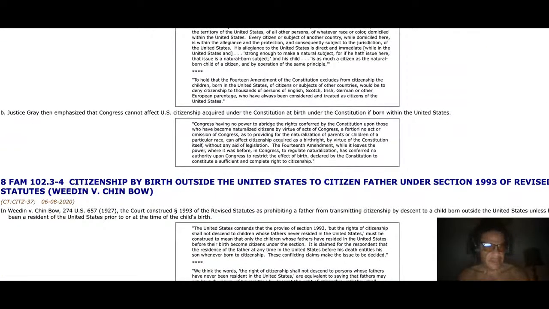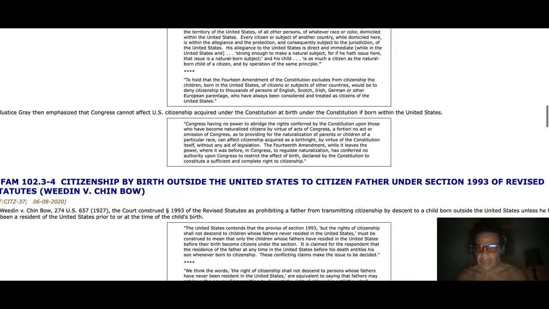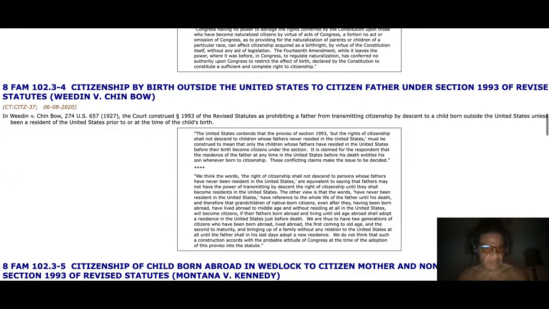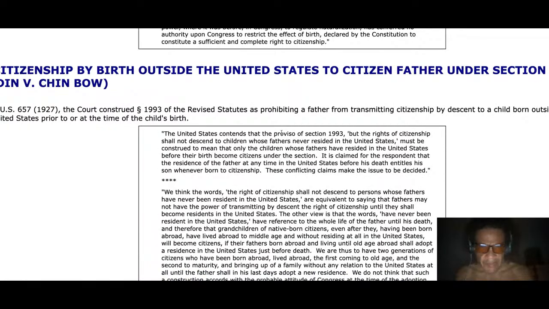Interesting. Citizenship by birth outside the United States to a citizen father under Section 1993 of the Revised Statutes, Weedin v. Chin. Oh. I've never resided in the United States. So, see, now you have to look up 18 U.S.C. 911. It's felonious to claim that you're a United States citizen when you're not.